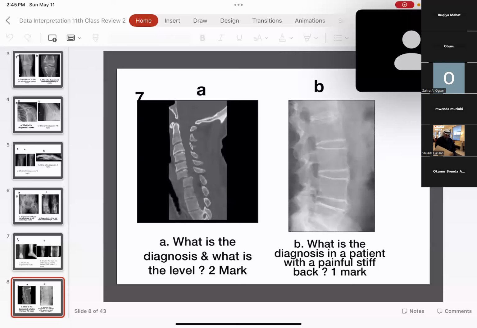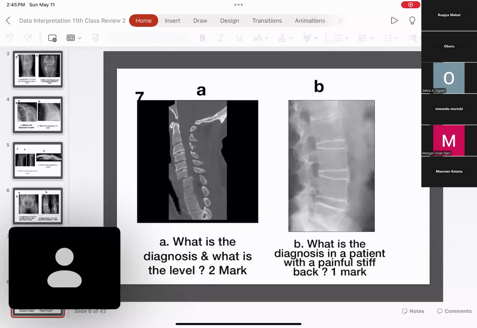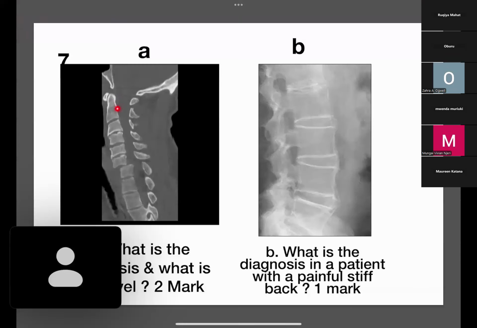So what do you think it is? So it's a facet dislocation, okay. All right. So the facets at the back have dislocated. And what level is it? I think it's at the cervical spine. Yeah, which level? So you count, okay? Let me put my thing on play mode. So you count, this is 2, 3, 4, 5, C6, 7, okay? So C6, 7.